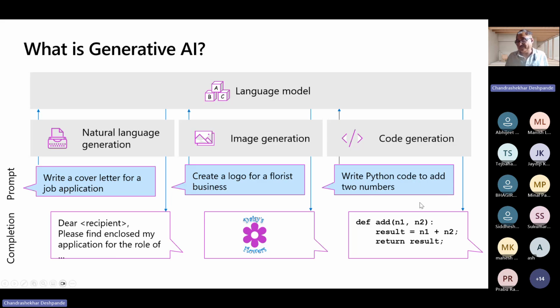For developers, generative AI can write code. A very simple example they are giving, but believe me, even complex code can be written by generative AI. And as of today, generative AI is able to write applications for you.